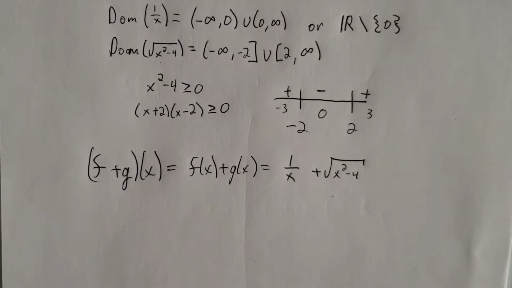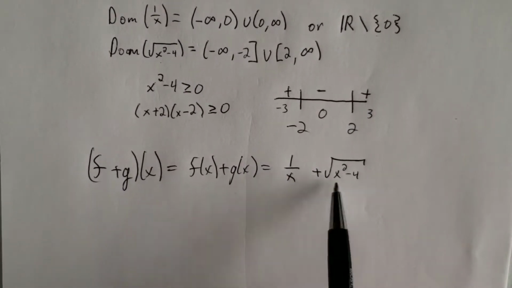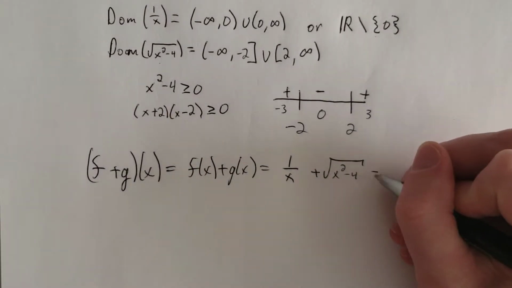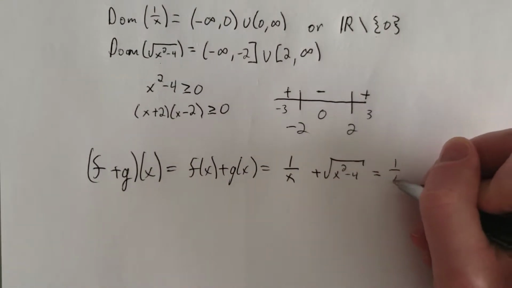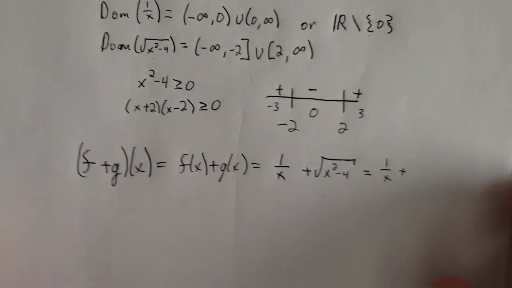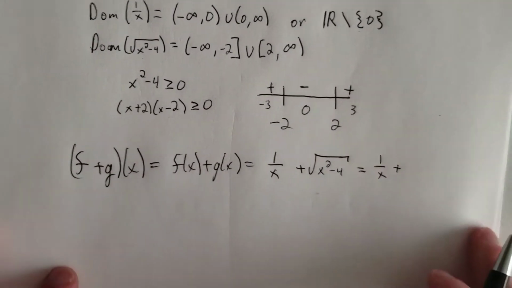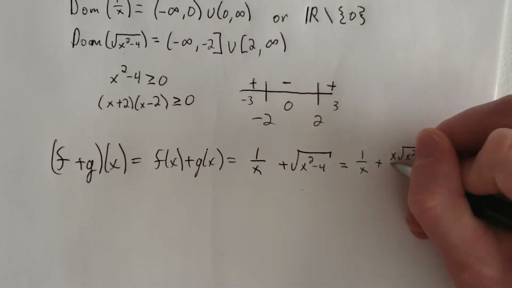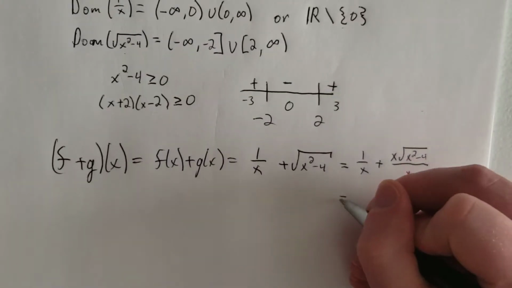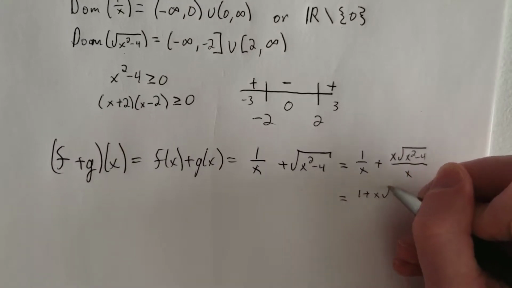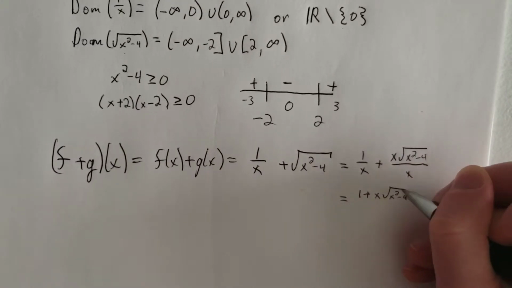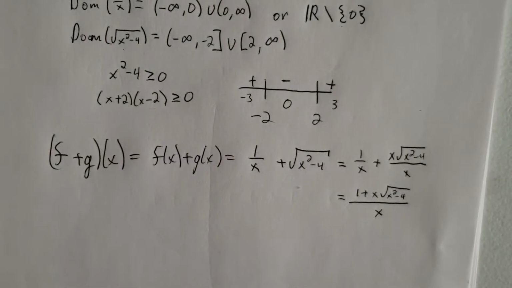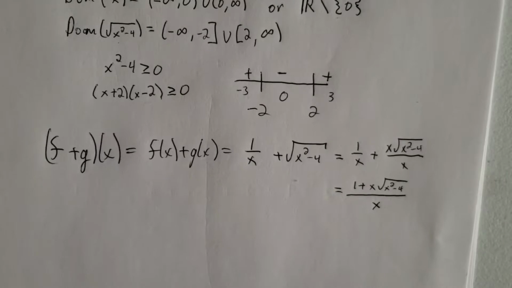If we want to, we can combine those fractions and make it 1 over x plus, to add fractions here, we need an x in the denominator. So this would be x times square root of x squared minus 4 all over x, which is the same as 1 plus x times square root of x squared minus 4 all over x. We don't need to do that here.